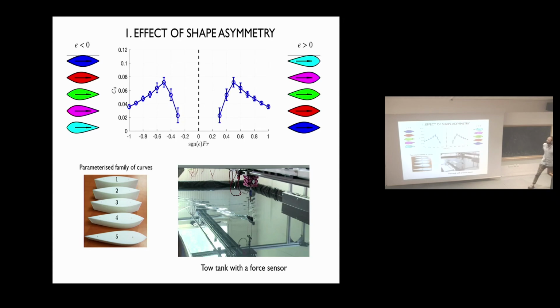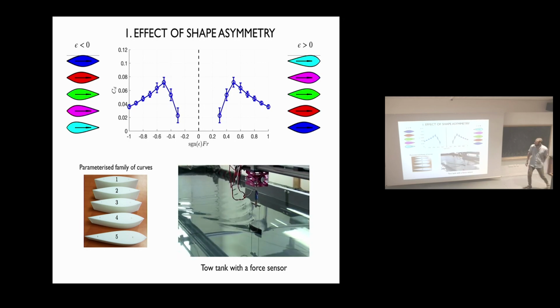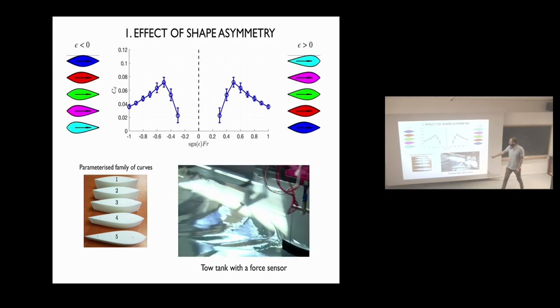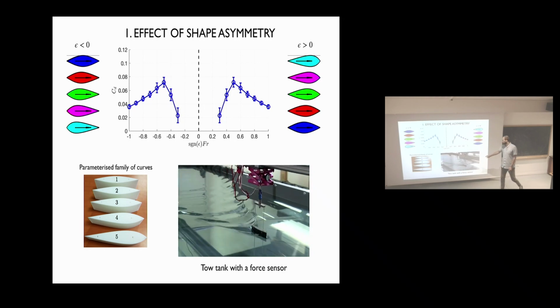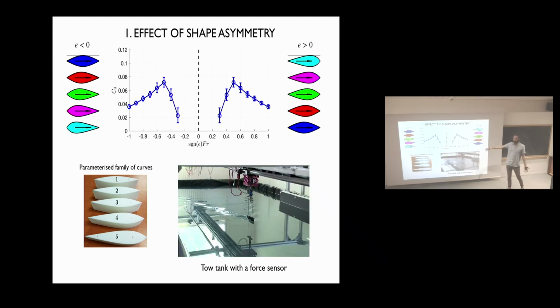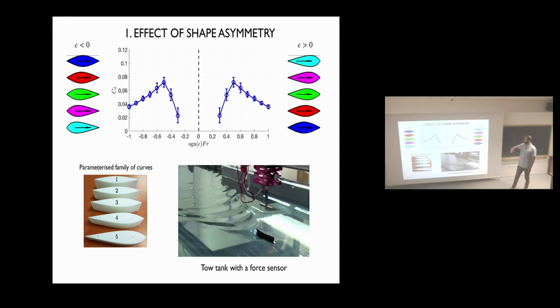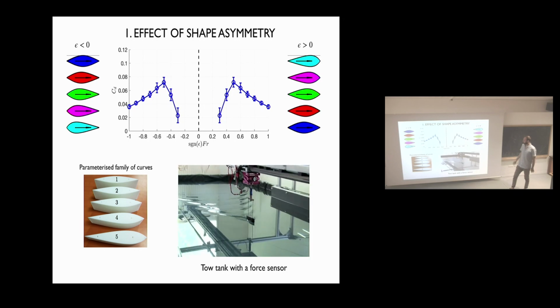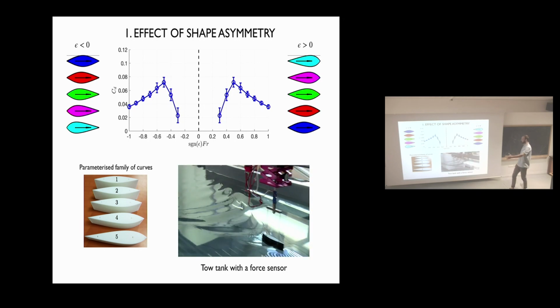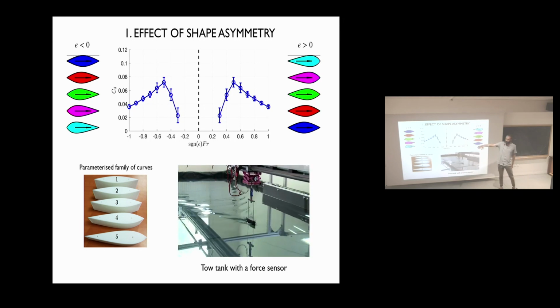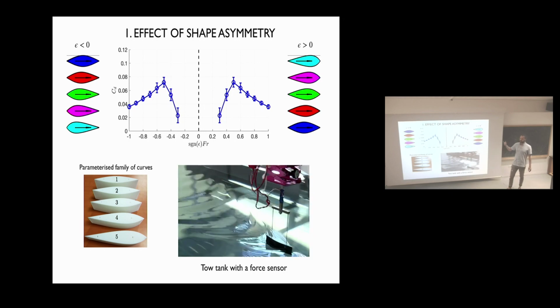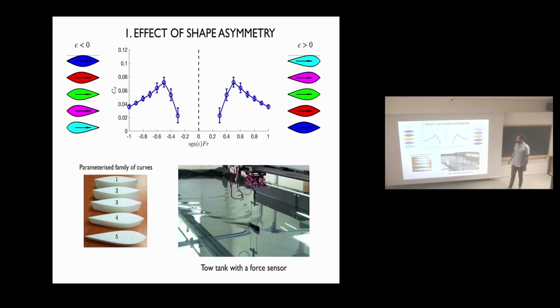A few years ago, when I was doing a postdoc in Paris, I was doing some experiments in a tow tank. This is a video showing a model boat being pulled through a small, 6-meter long pool. As the boat is pulled through the water, you simultaneously measure the drag force.